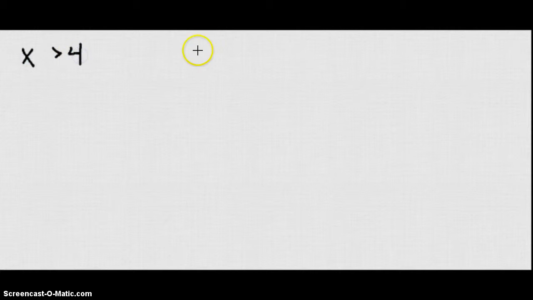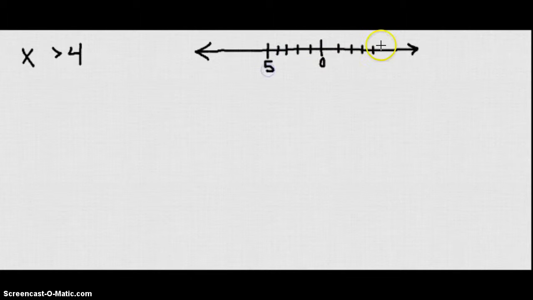Alright, so let's look at graphing inequalities on a number line. Let's say we have x is greater than 4. We make a number line. Alright, so if x is greater than 4, it doesn't include 4 because it has to be bigger than 4.